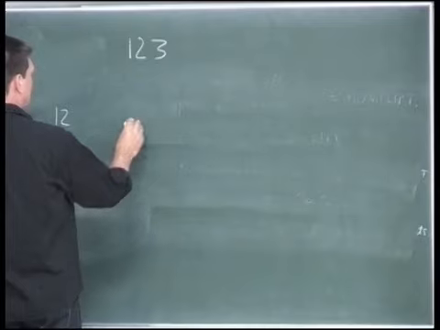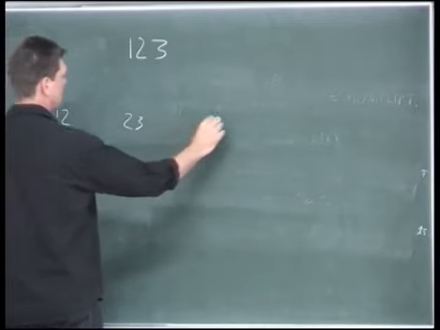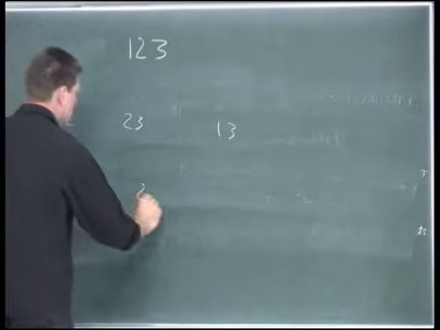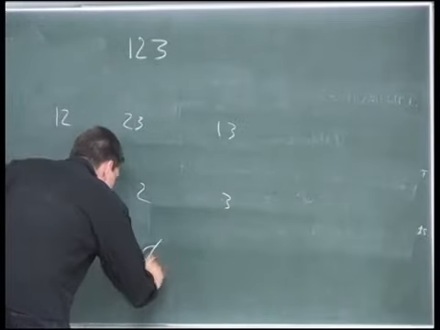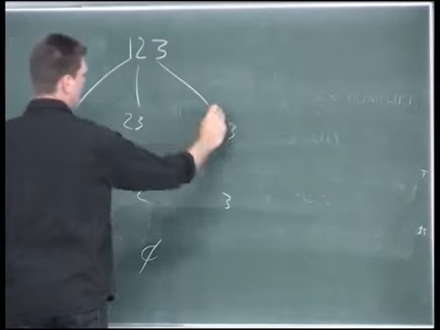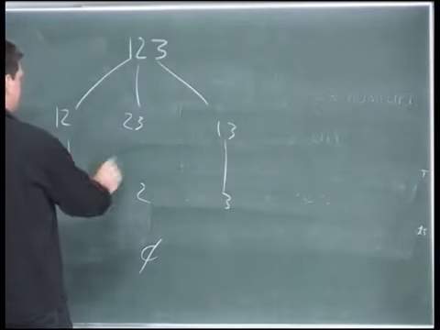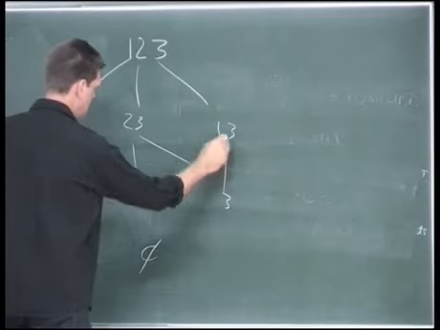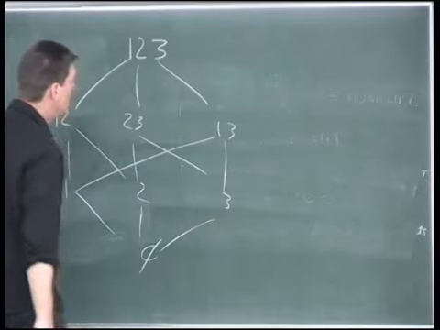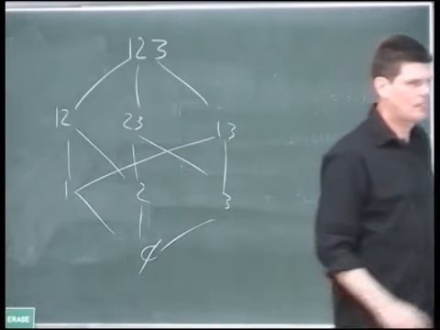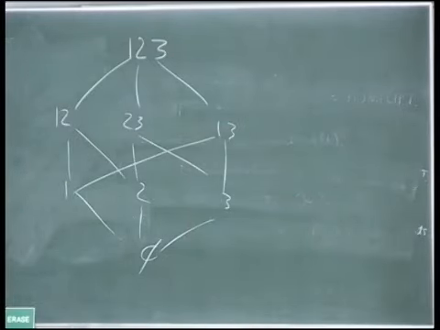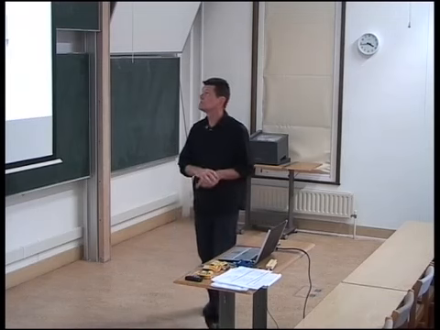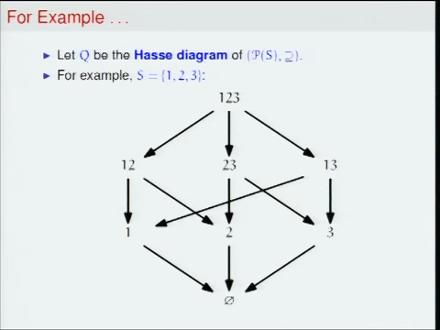So that's the subset 1, 2, subset 2, 3, 1, 3, 1, 2, 3, and the empty set. And we have paths pointing downwards. So this quiver defines a path algebra for any finite set, and here in this example we have the set 1, 2, 3.